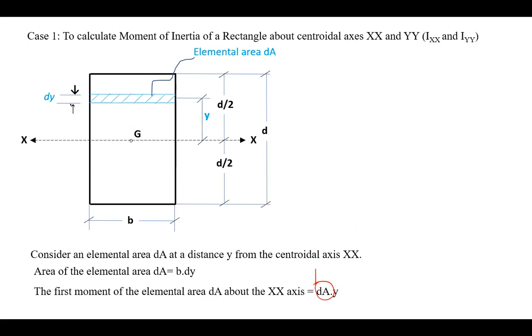We know that moment of inertia is nothing but the second moment of area. Let us calculate the second moment of area, which is moment of area dA into y again, so it becomes dA into y square.